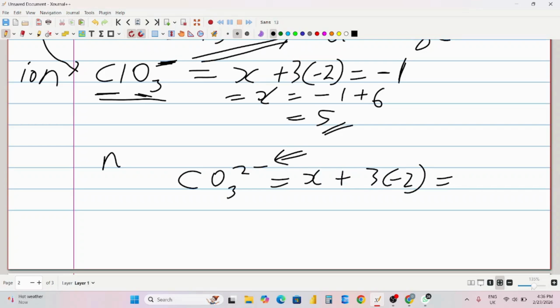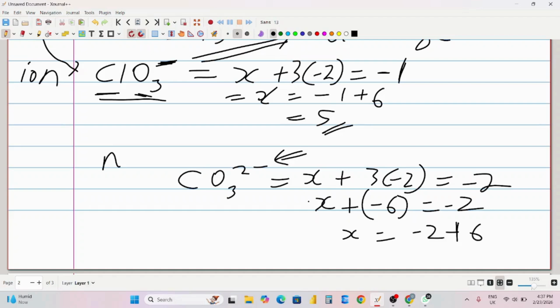The net charge here is -2. So that's the effect. Whatever the net charge is, is what you equate a radical to. So x equals 4. So this will be trioxocarbonate 4.